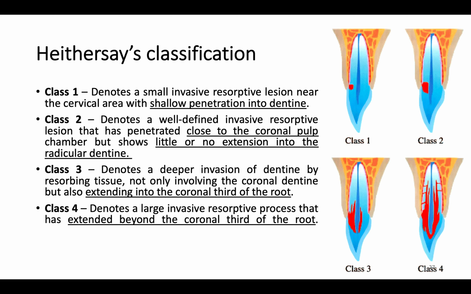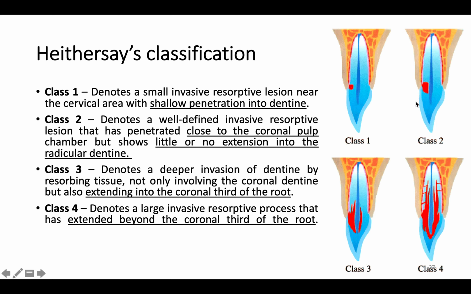If it is a deeper, more extensive resorption in the coronal pulp chamber, or very close to the coronal pulp chamber with no or little extension to the radicular dentine, then this is a class 2. So class 1 and class 2 will only be in the coronal part with little extension into the radicular dentine.